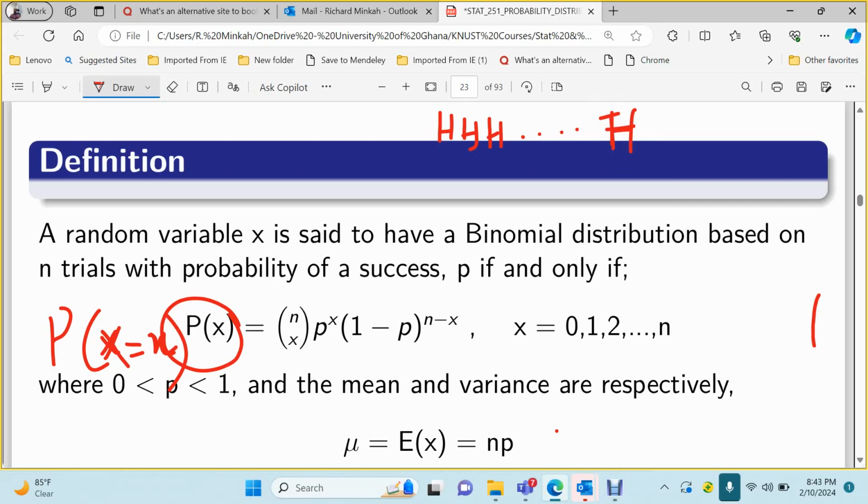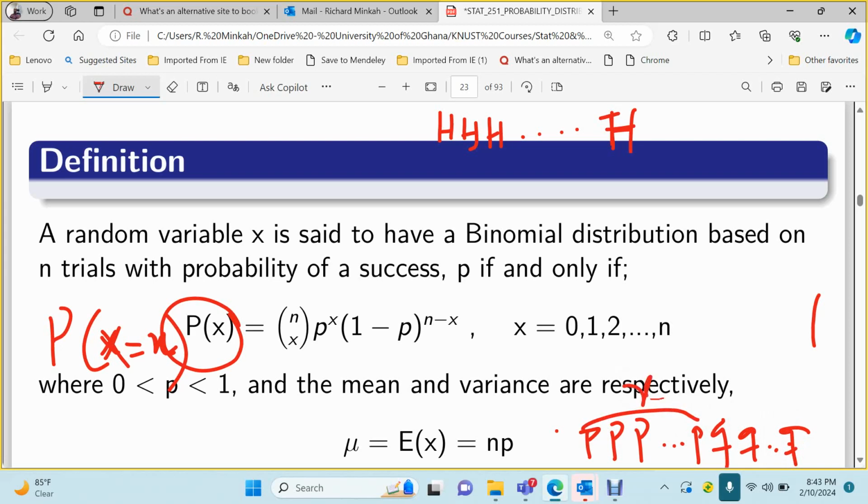Now, if I'm doing it n times, and I get a head, that is success, p, and p, and so forth, and then I can get failures, q, up to what? From what we have done, x is the number of successes.